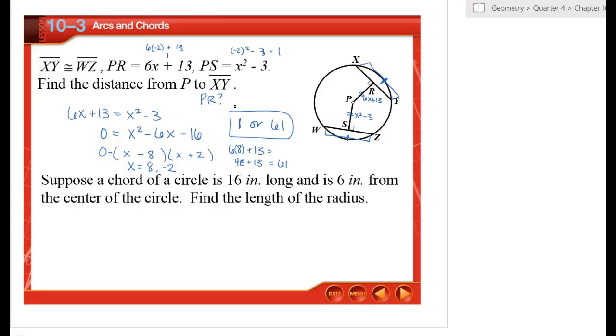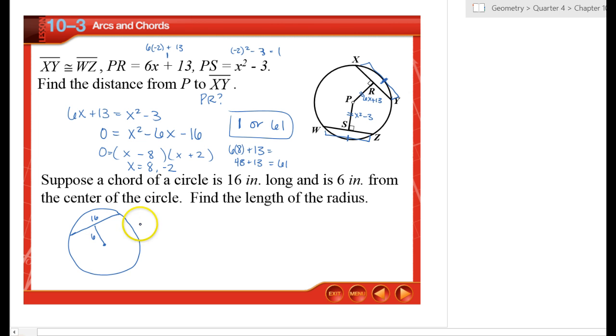Okay? So suppose a chord is 16 inches long and is 6 inches from the center. Find the length of the radius. So draw a picture. Here's my circle. I have a chord that is 16 and it's 6 inches away.